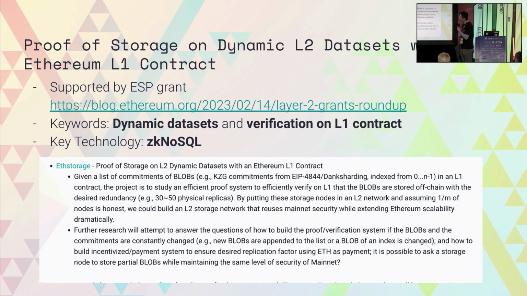And the key technology that we are developing is called ZK NoSQL, or ZK key-value store. We use ZK and SNARK technologies so that we are able to compute some random sampling off-chain, but with a very succinct proof submitted on-chain. It shows that if a data provider does not provide the corresponding replica, then it will not be able to pass this proof with high probability and collect the corresponding reward.